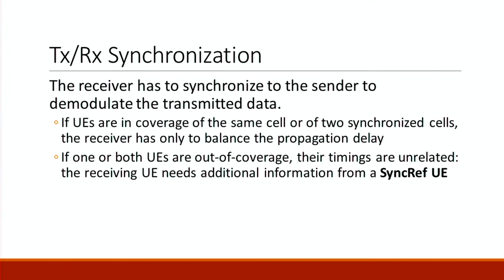Specifically, the one out of coverage will need to find a terminal that it can use as a reference. In the standard, this is called a syncref UE, a user equipment from which I get the synchronization. And I need to know who it is, and he needs to know that I am getting a synchronization, because we need to be on the same page when we exchange data in D2D fashion.